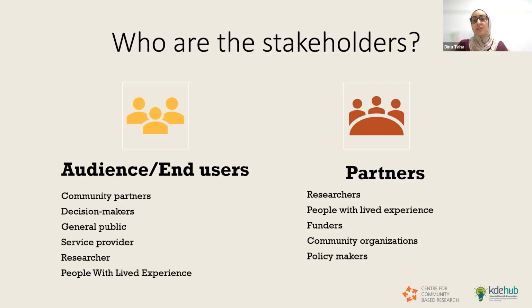The audience or the end users or the knowledge users in that case can also be your partners. Ideally you want to create a knowledge mobilization plan with your partners, and that's the integrated or the community piece of it, instead of at the end, and instead of having this top-down approach, involving them in developing and discussing, and also in the delivery.